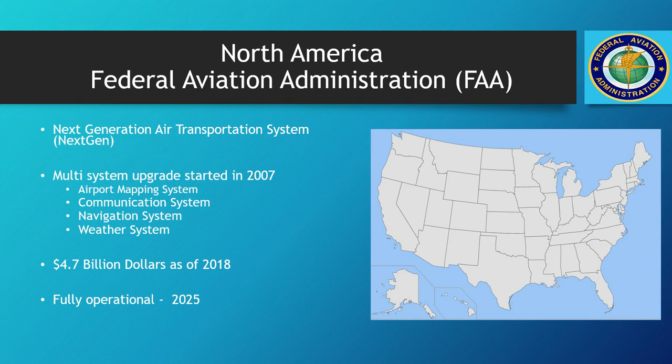The NextGen system is not phased, but rather a simultaneous upgrade with the United States airport mapping, communication, navigation, and weather systems. The estimated total cost of the upgrade is $4.7 billion as of 2018, and it's scheduled to be fully operational by the year 2025.